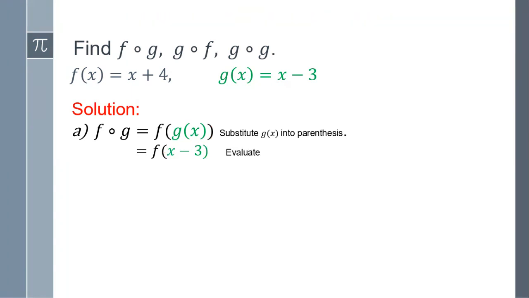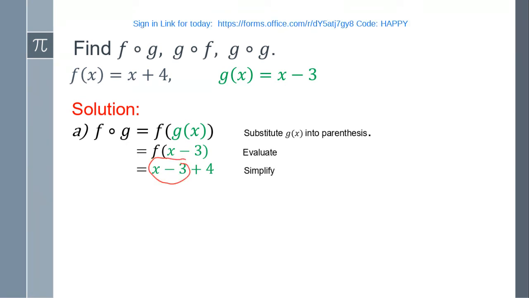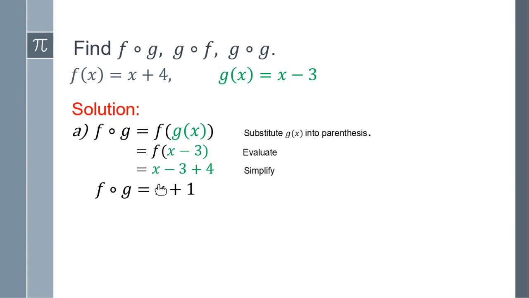So we substitute that in, then we can evaluate it, and we get x minus 3. And just recall that this whole x minus 3 is what took the place of this x. And then we have a plus 4. So then you want to simplify, and we get x plus 1. So the composition of f and g here is x plus 1.